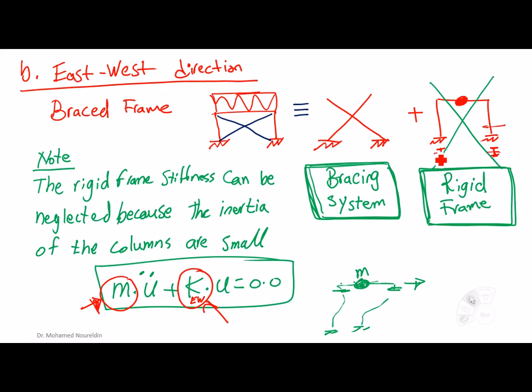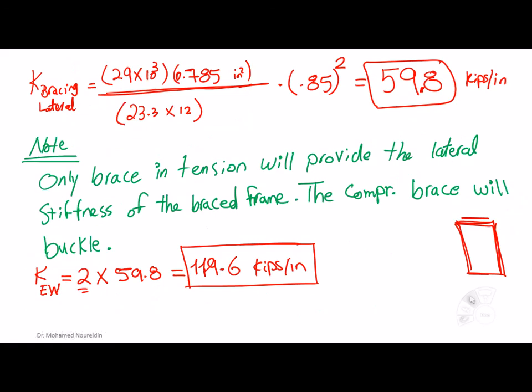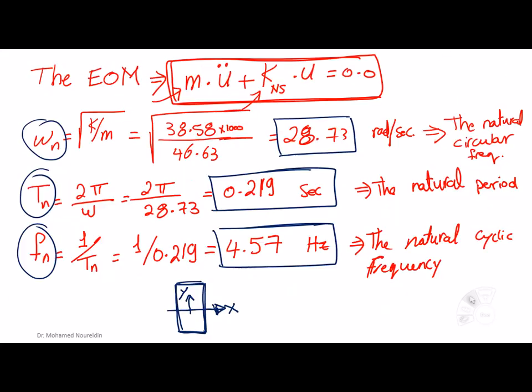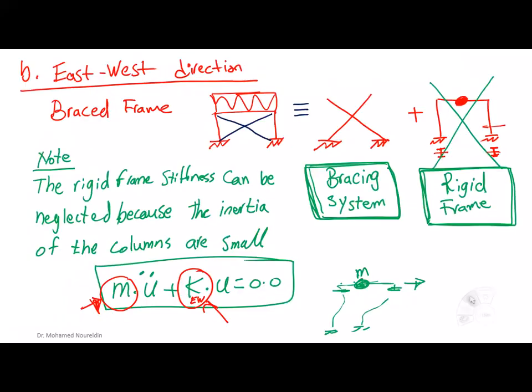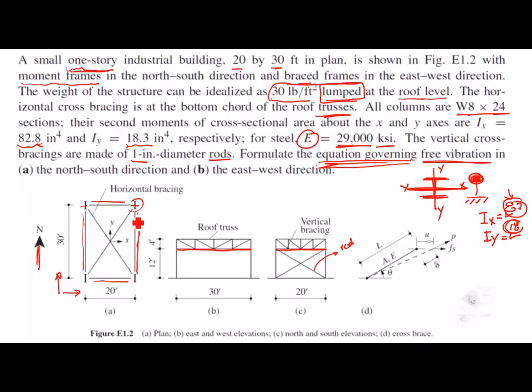Let's check it now by numbers. Let's assume what the contribution of the columns is going to be, what K column is going to have. We have 4 columns here, 1, 2, 3, 4.